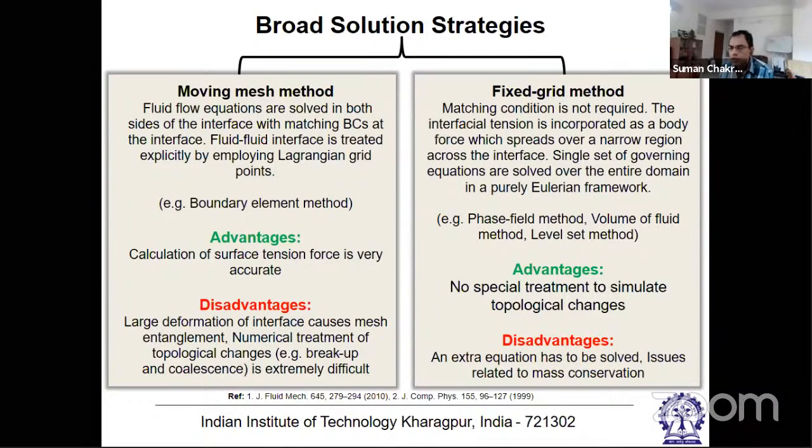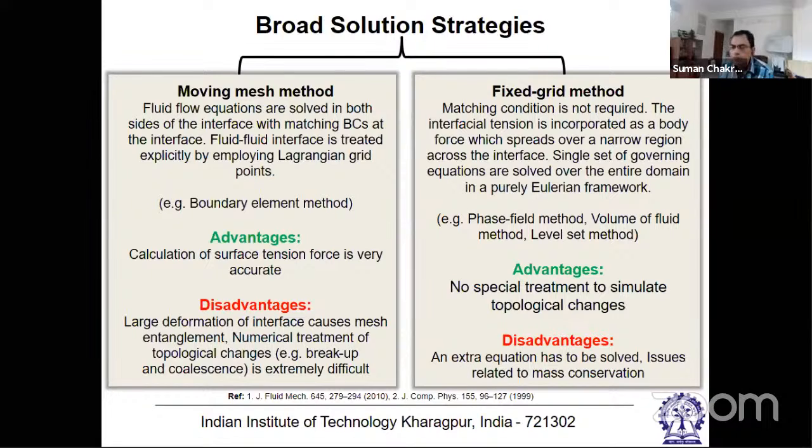In the moving mesh method, grid points are assigned on the interface, and these grid points dynamically evolve.